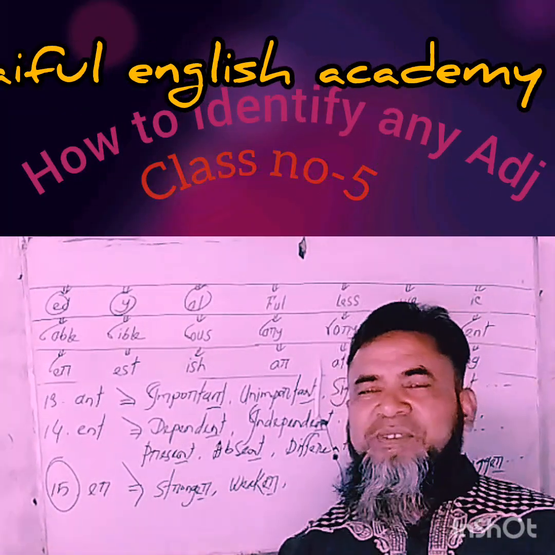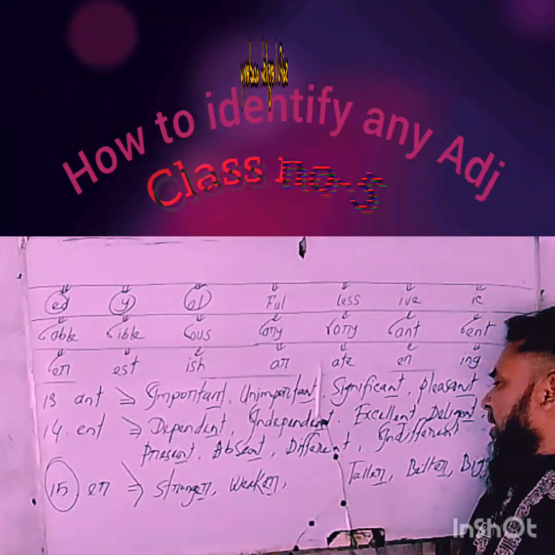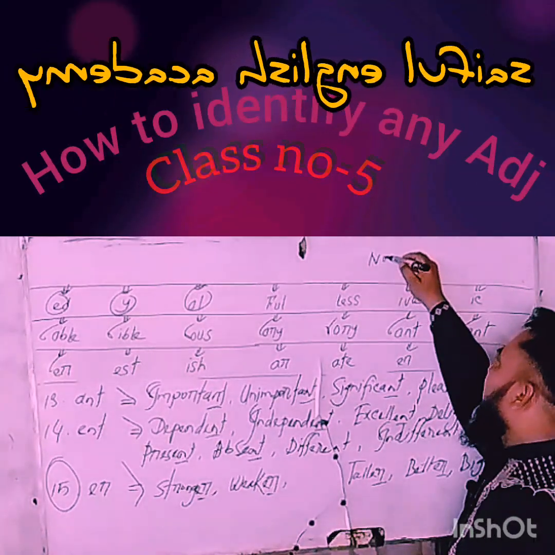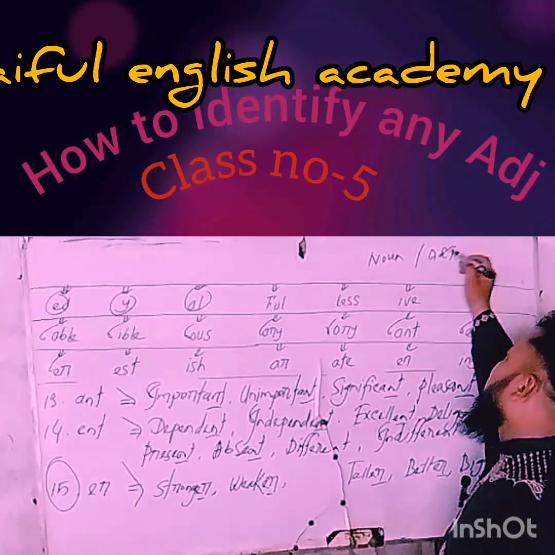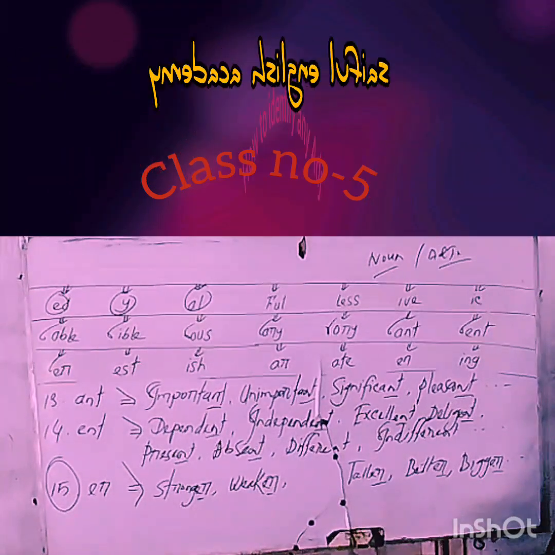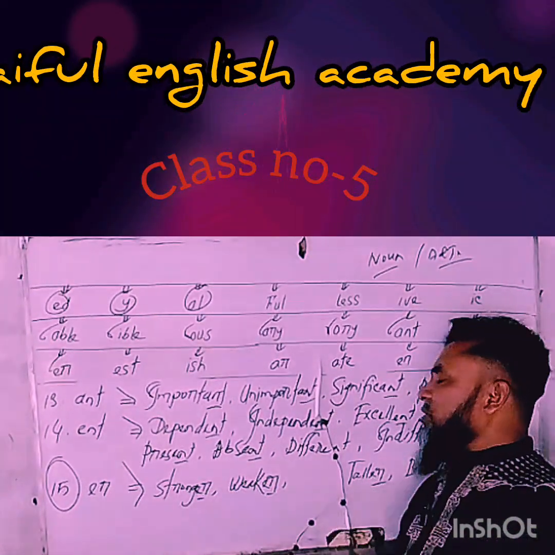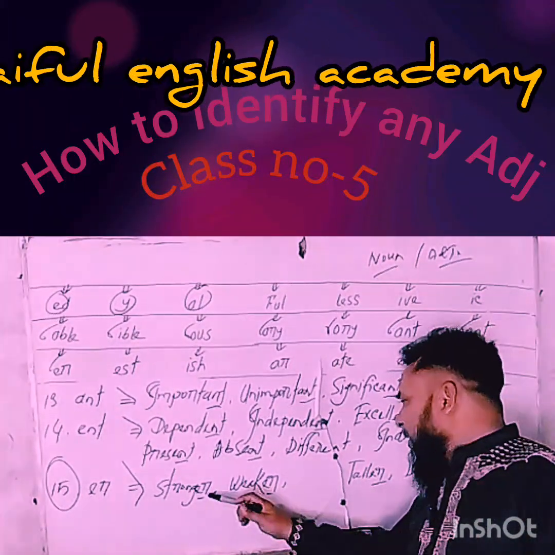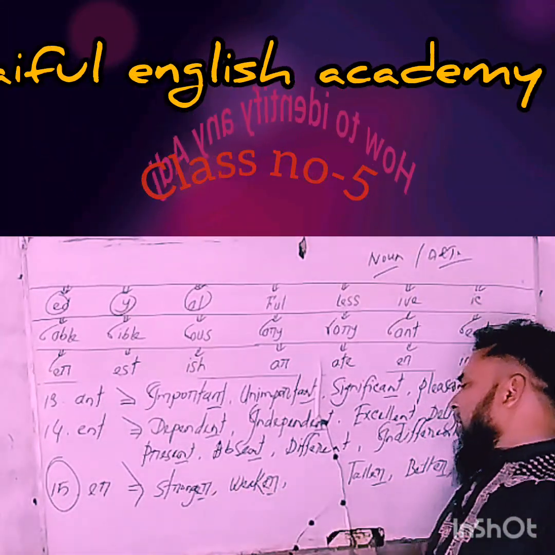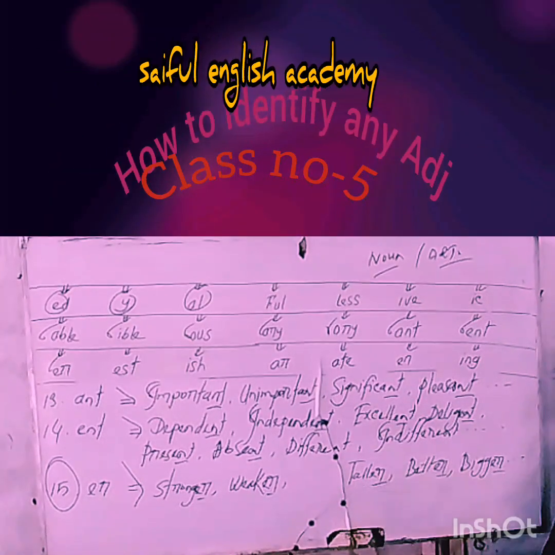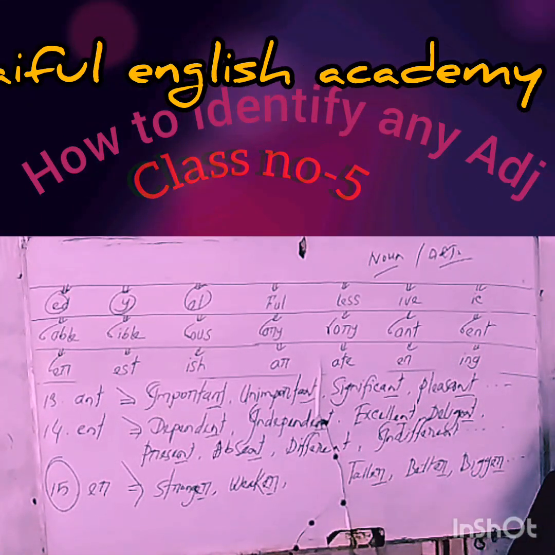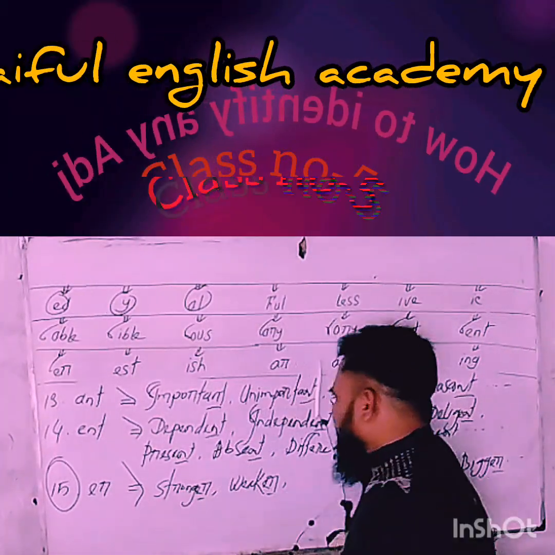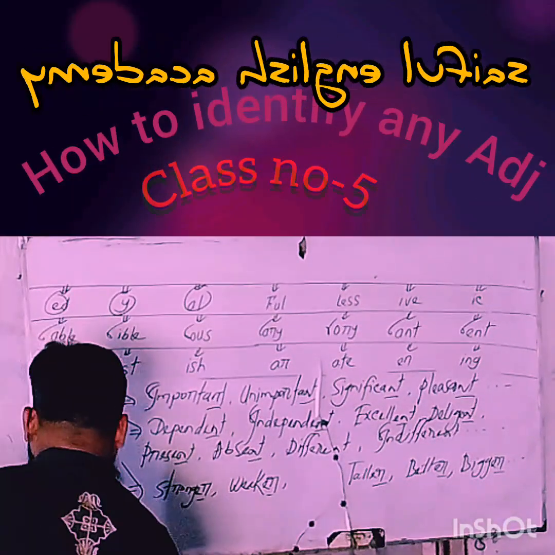Sometimes we see this suffix identify nouns, so I want to clarify the confusion between noun and adjective. If you remove er and the remaining word is a verb, then of course it is a noun. But if you delete er and the remaining word is an adjective, then you may consider the word an adjective. Have you understood clearly, my dear learners?